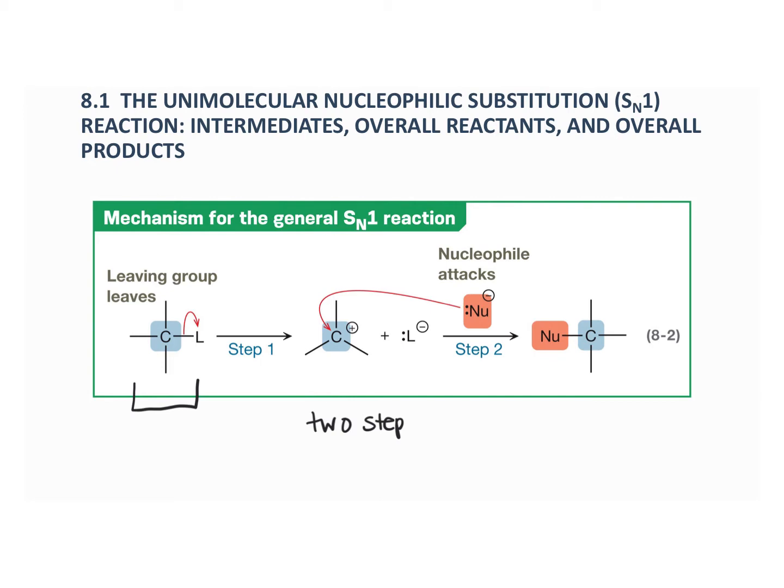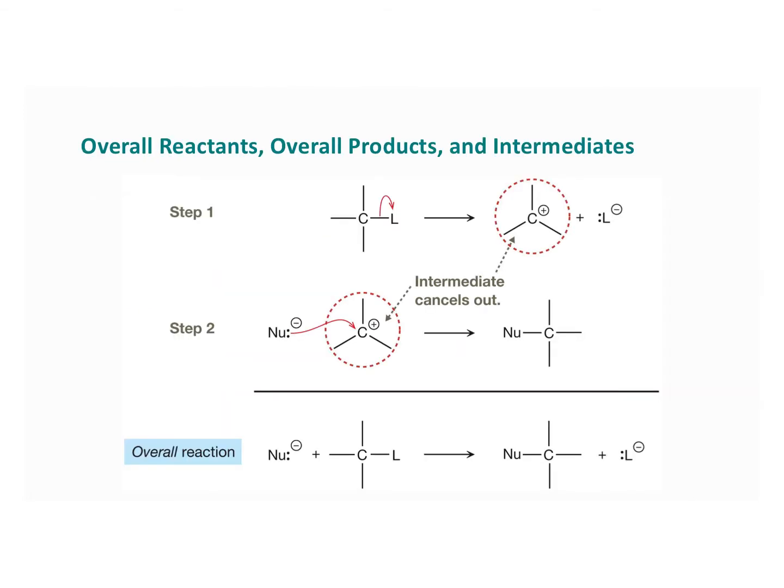So let's compare for a second and talk more about multi-step mechanisms. In any reaction that takes place in multiple steps, we have to be able to distinguish the overall reaction from the elementary steps in the reaction.